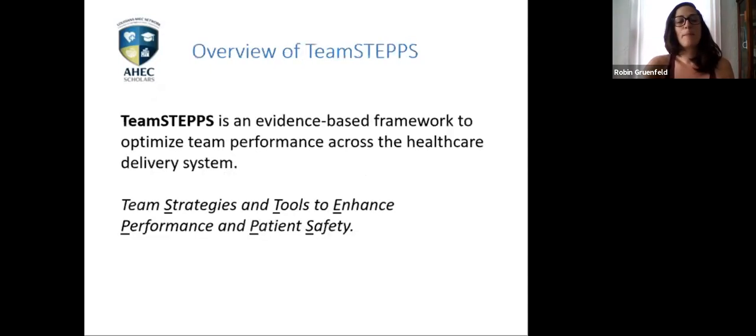Team Steps has its background in, I think, the Navy. It's an evidence-based framework to optimize team performance, but now we use it in the healthcare delivery system. The acronym stands for Team Strategies and Tools to Enhance Performance and Patient Safety.